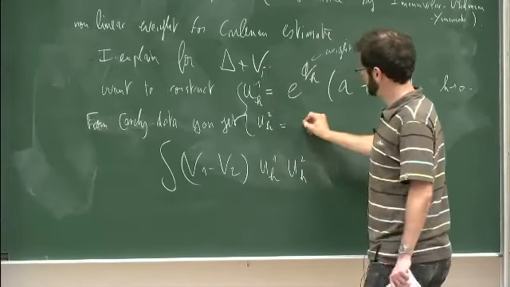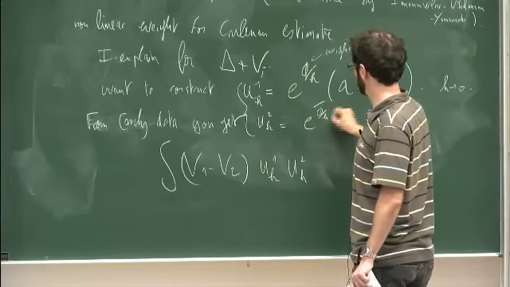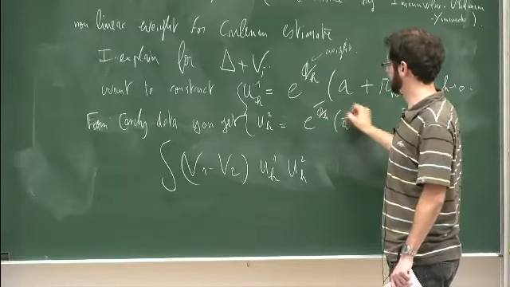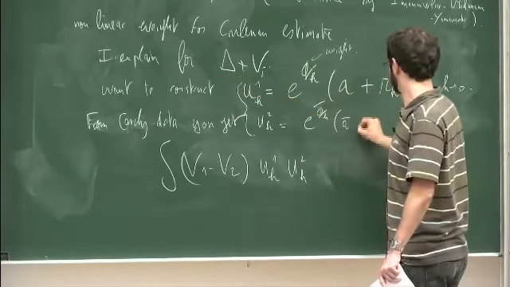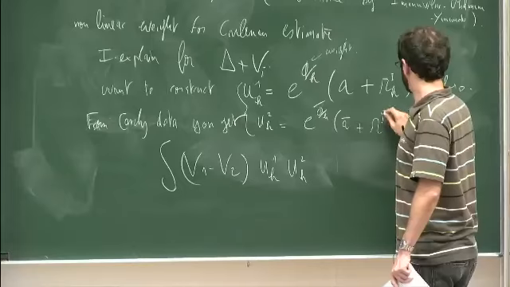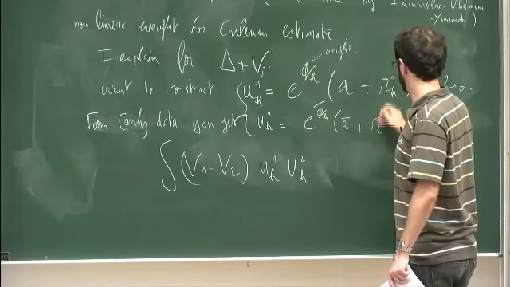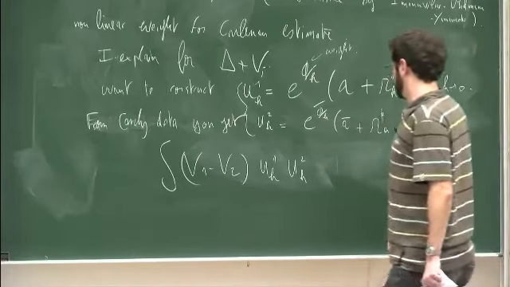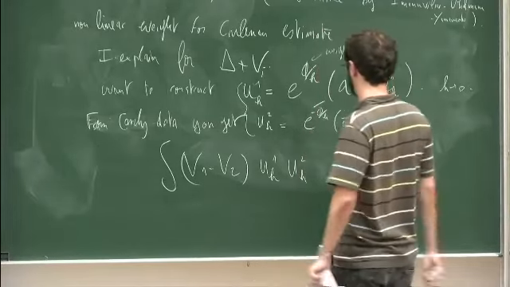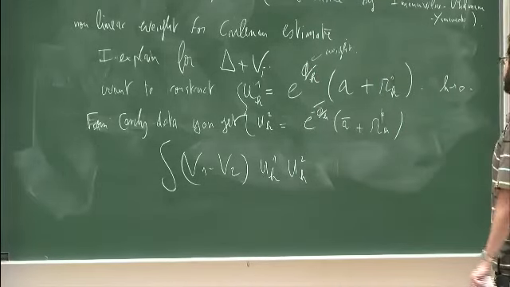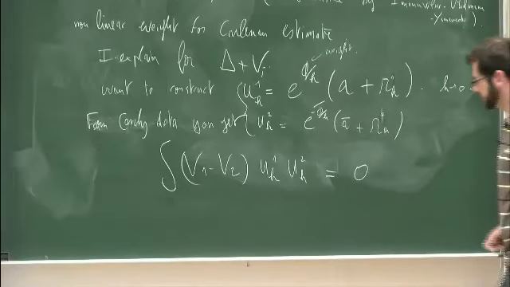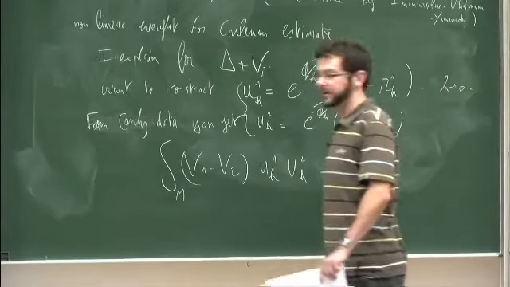I want to use the same phase but conjugate, because if this is holomorphic, the conjugate will be anti-holomorphic and would also be killed by the Laplacian. Maybe with a minus would not change so much. And what I know from Cauchy data is this, the integral inside, right?